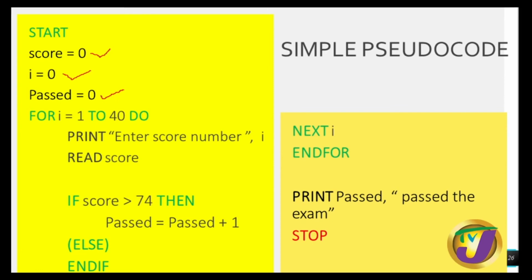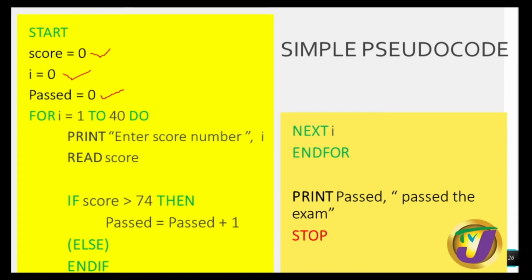So we have a print statement that says print, open quotations, enter score number, close quotations, comma I. And it simply will come up on the screen as enter score number 1, enter score number 2, enter score number 3, etc. So you're going to be prompted at each iteration or repetition which score to enter. If you have 40 students, it's going to run that print statement 40 times and print enter score number 1, 2, enter score number 30, enter score number 40.